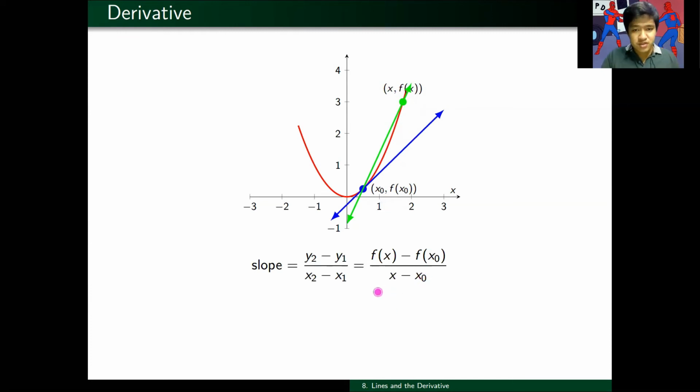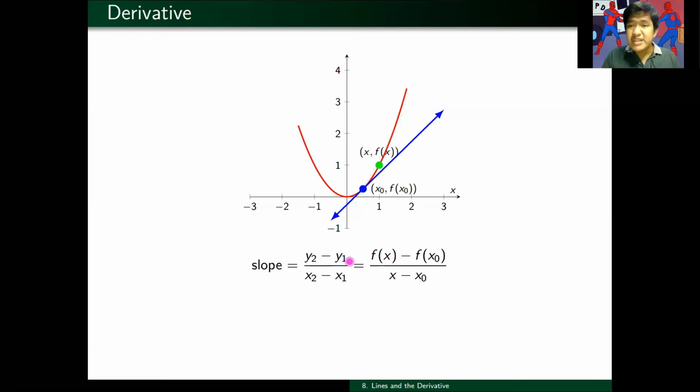Tama. Okay. So, ito yung slope ng line passing through this and any other point in your curve. So, pag kumuha ako ng point dito, ganun pa rin yung formula.